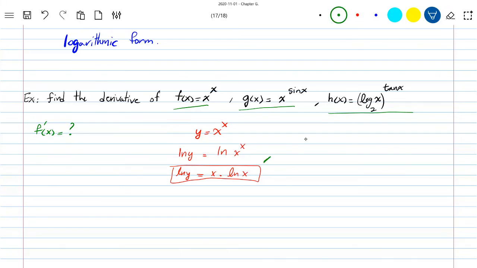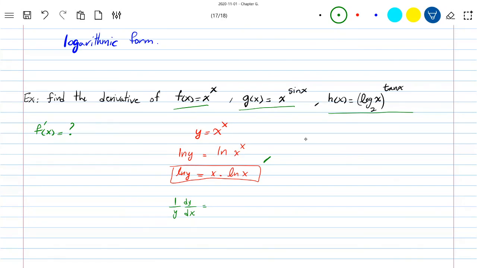And what would be the derivative? The derivative of the left hand side, ln y, would be 1 over y times dy over dx. For the right hand side, the derivative of x ln x, you should use the product rule.